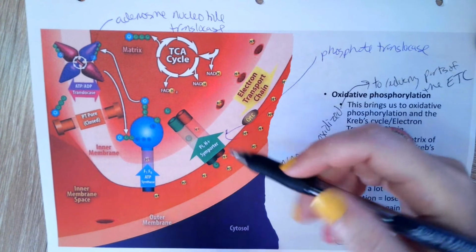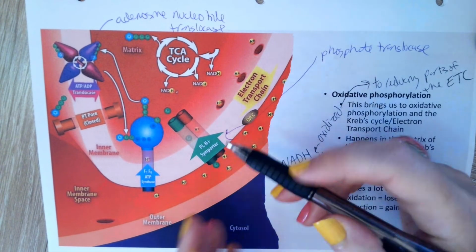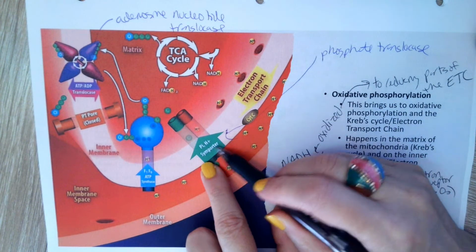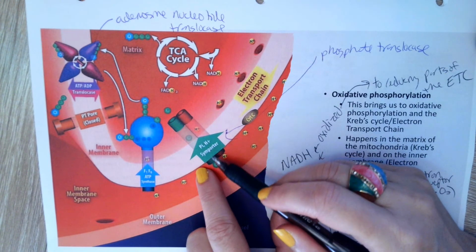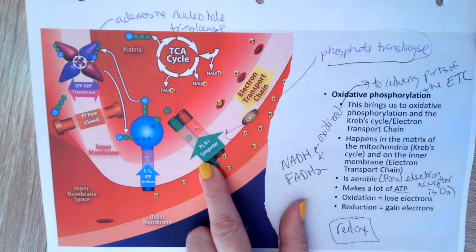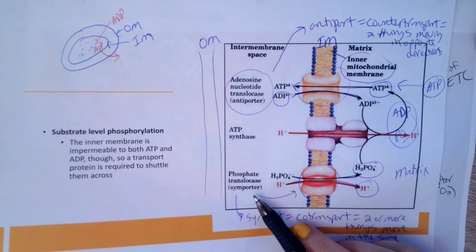We have those two carriers on this picture also, where here they called it by a slightly different name. They're calling it the phosphate hydrogen symporter. On our previous slide we called it the phosphate translocase. So that was this right here.